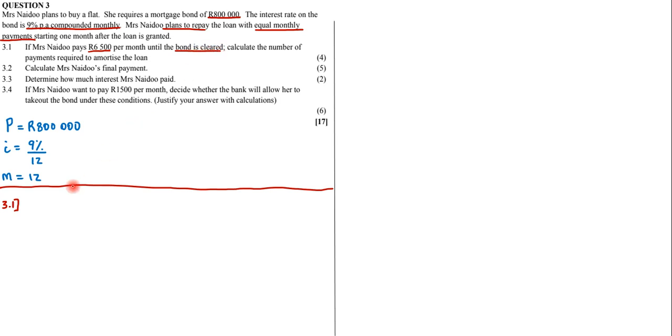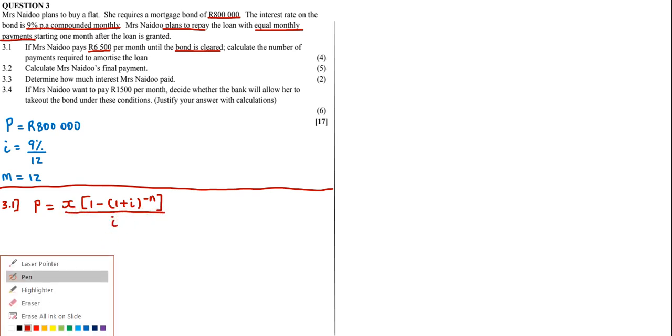In order for us to do that, we're going to firstly go into our formula, which will be P equals X into 1 minus (1 plus i) to the power of minus n, over i. What is it that we have?